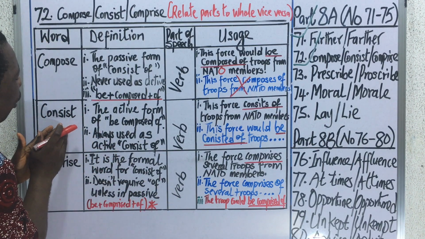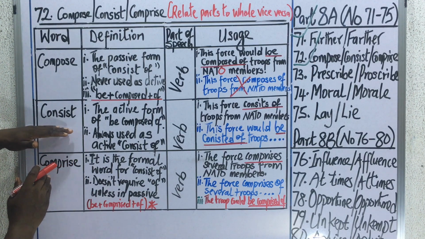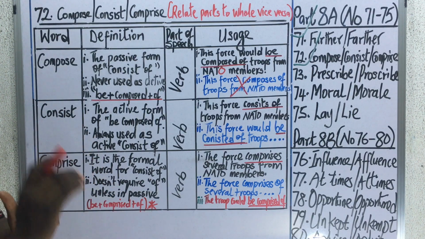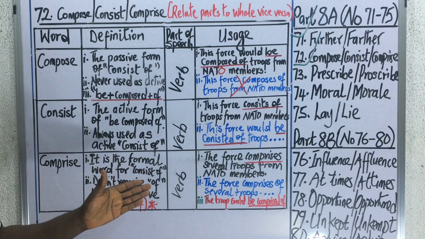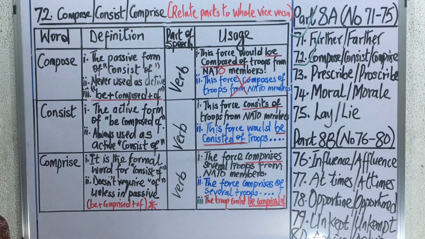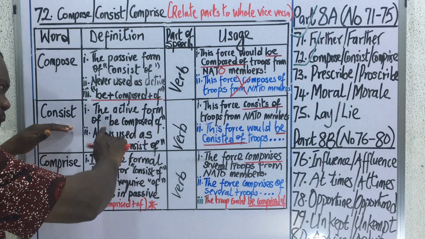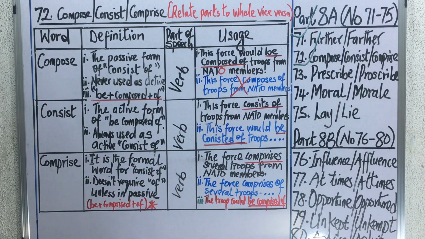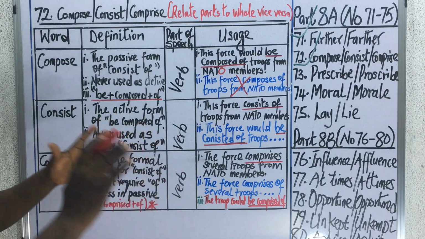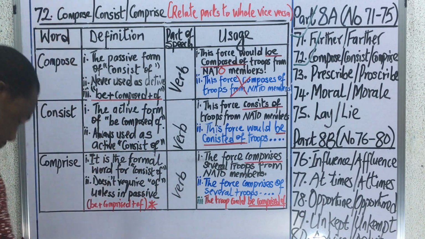Then, moving on to the next word, consist, it will now take the sharp contrast of the explanation that we provided here. Consist is the active form of be composed of. Of course, I've already established that the three words mean the same thing.